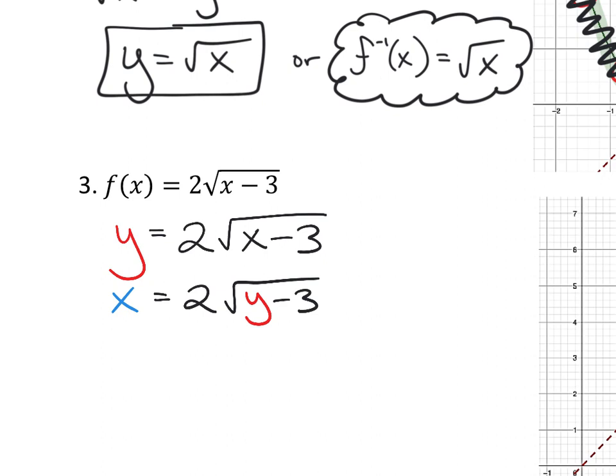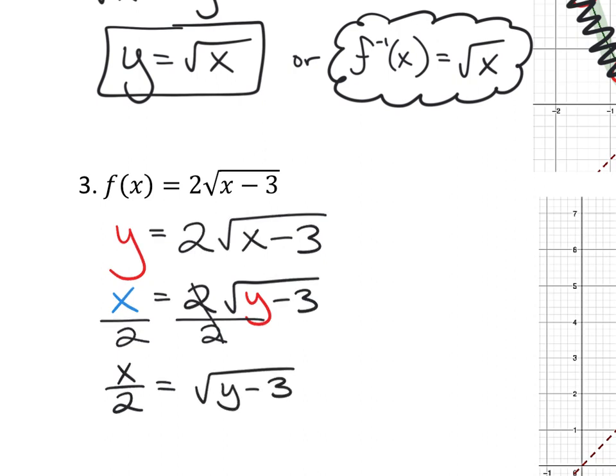And now it's a radical equation that we learned how to solve earlier in this class. We would isolate the square root first, which means we are going to divide both sides by 2 to get those to cancel out. This would be x divided by 2 equal to the square root of y minus 3.